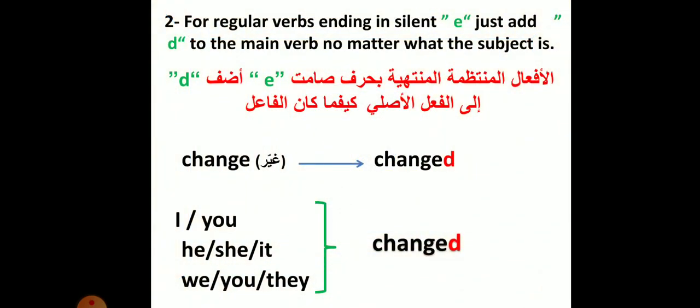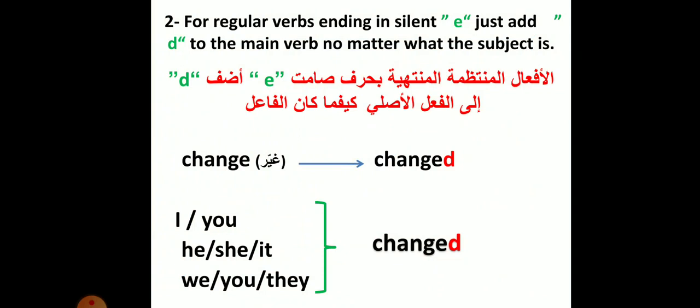The second rule, for regular verbs ending in silent E, just add D to the main verb no matter what the subject is. Silent E means we don't pronounce E. So here we have an example.